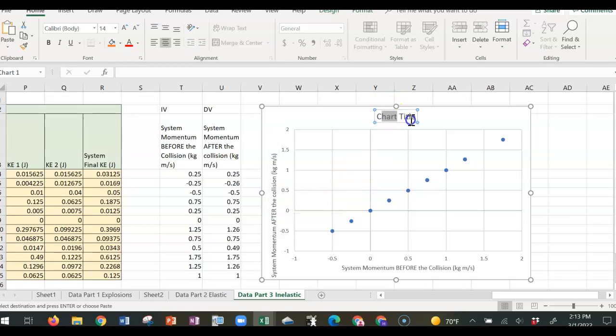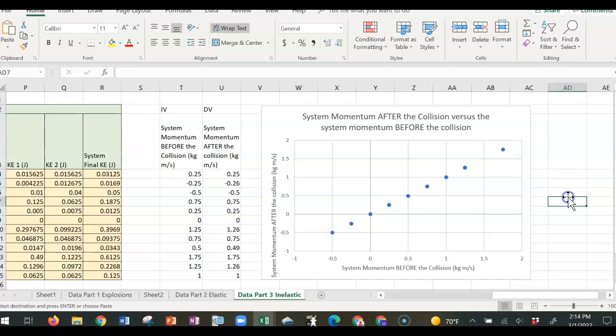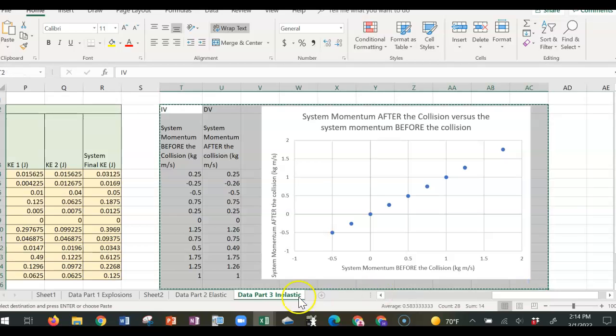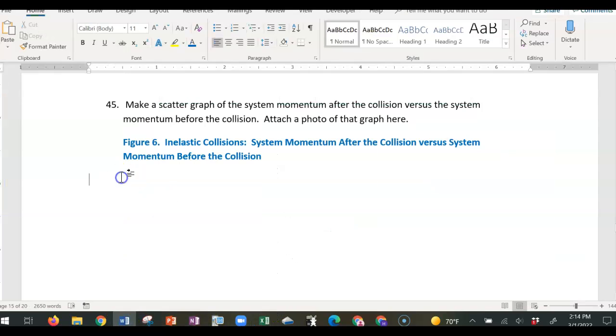And my chart title is System Momentum After the Collision versus the System Momentum Before the Collision. Okay, so I have a nice linear graph. It goes through the origin here. Let me copy this and put it in my report. This is at step 45. This is figure 6.